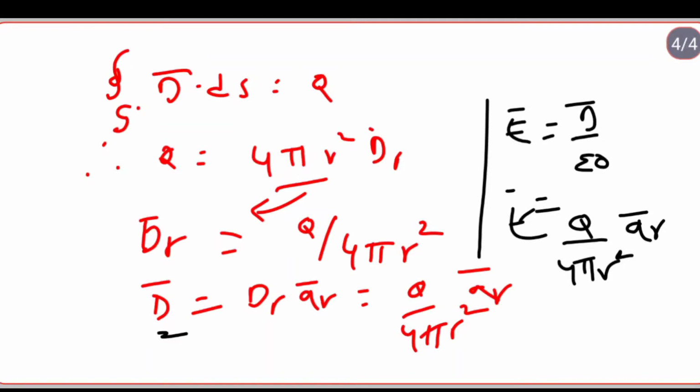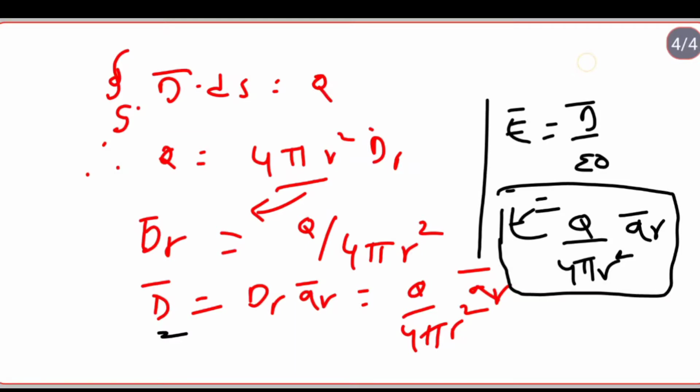It is the same formula, E bar equal to q by 4 pi epsilon naught r square ar. This is the use of Gauss law to obtain D bar and E bar for a given charge distribution. In this way we are finding D bar and E bar by applying the Gauss law.